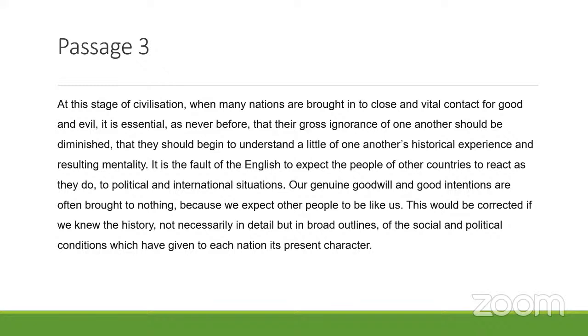Our genuine goodwill and good intentions are often brought to nothing because we expect other people to be like us. This would be correct if we knew the history, not necessarily in detail, but in broad outlines, of the social and political conditions which have given to each nation its present character.